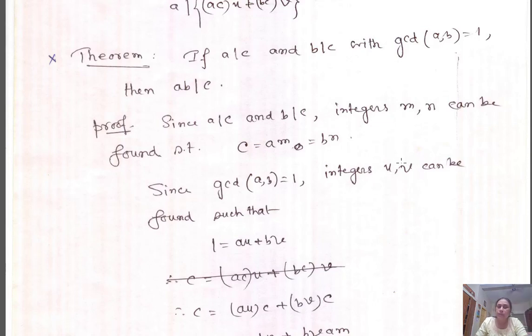But by the existence theorem, you can find U and V such that 1 equals AU plus BV.